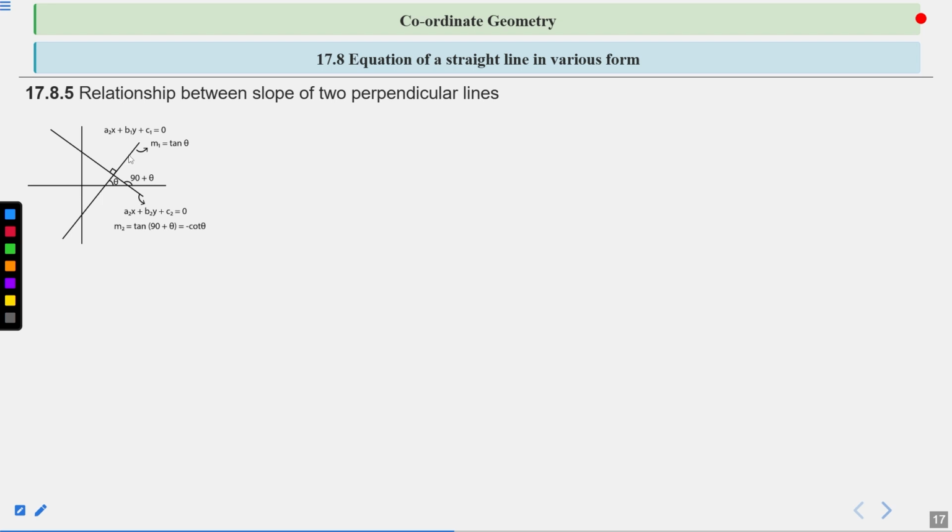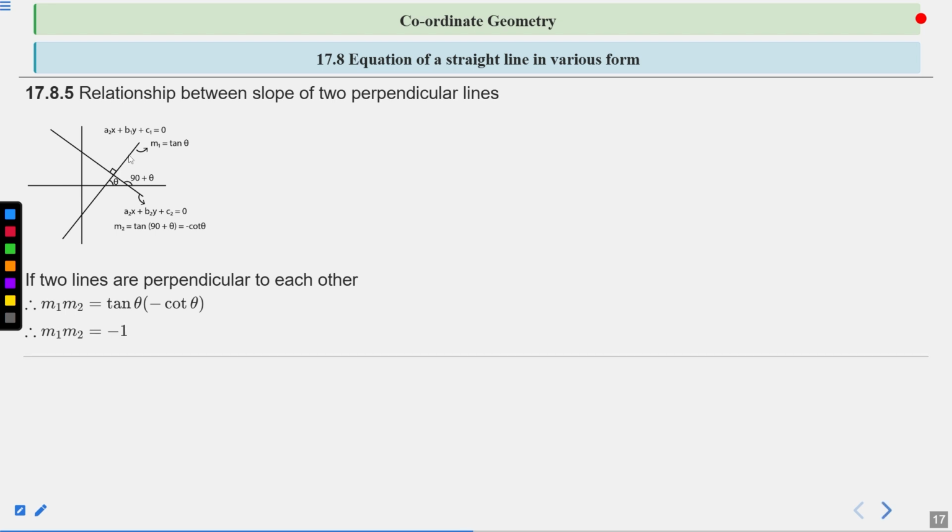The first line's slope is m1 equals tan theta, and the second, m2, becomes tan of 90 plus theta, or we can say minus cot theta. So if two lines are perpendicular to each other, m1 into m2 becomes tan theta into minus cot theta. So m1 into m2 becomes minus 1 in that form.